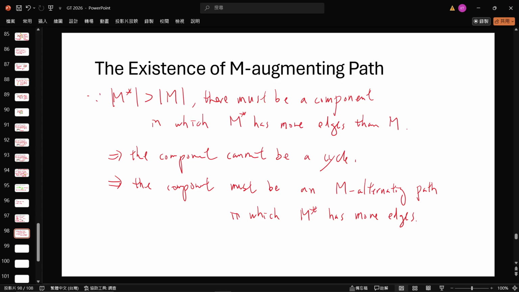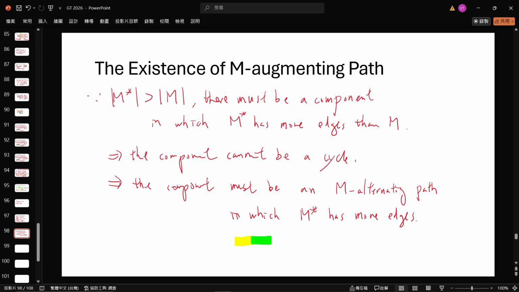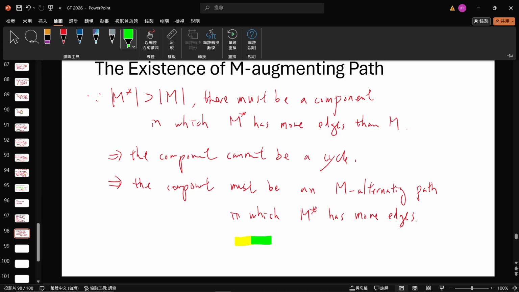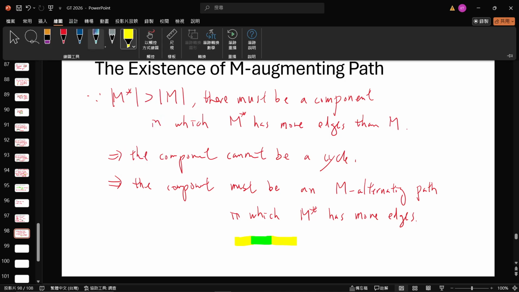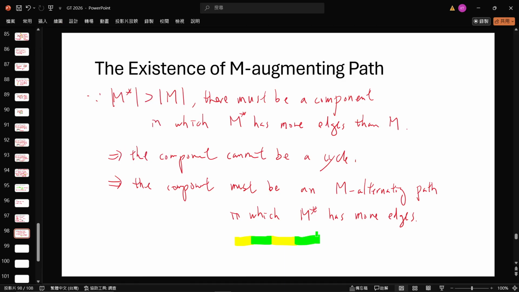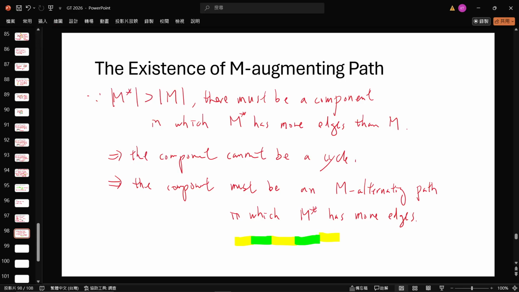So the path must look like this. Now, is it an M augmenting path?